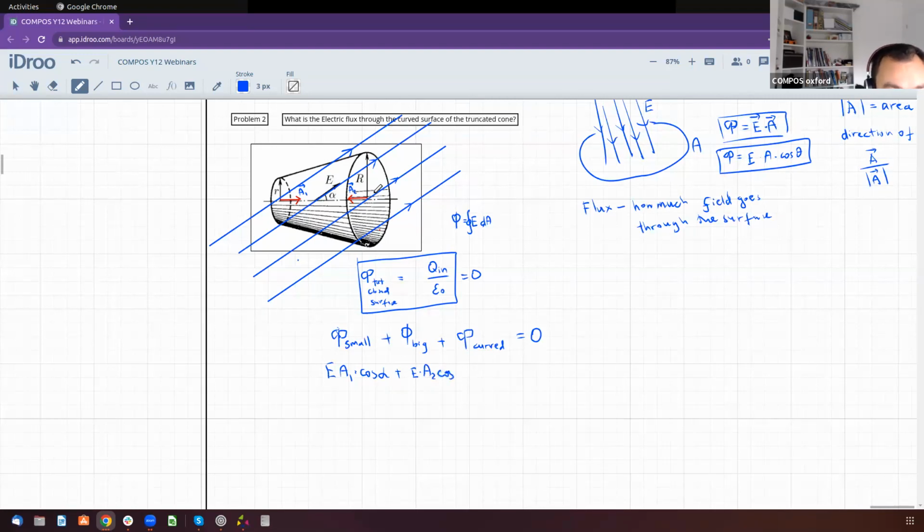Now the angle is not alpha anymore. It's pi minus alpha, because we're choosing the direction.